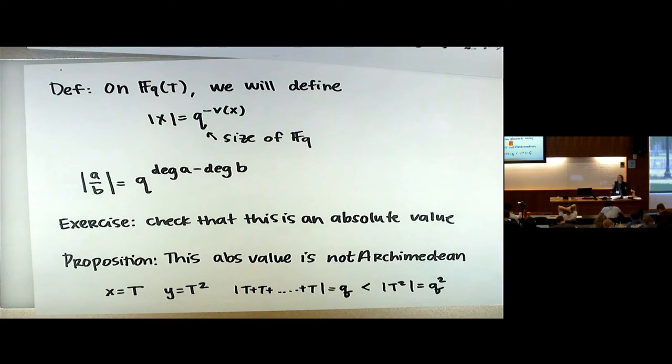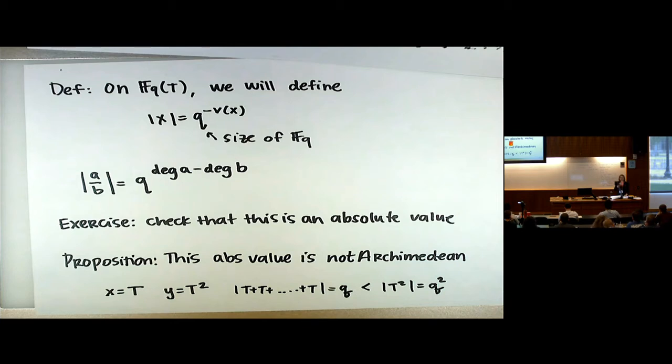Yep. Does this mean that there's no absolute value we can put on this field to make it Archimedean? That's a question that I found in this book and that I thought about for a few minutes, and I couldn't come up with one, but I didn't think of Googling it. So all the absolute values that I know on F_q(t) are all non-Archimedean, but I'm not saying that there's not some more wonderful way.